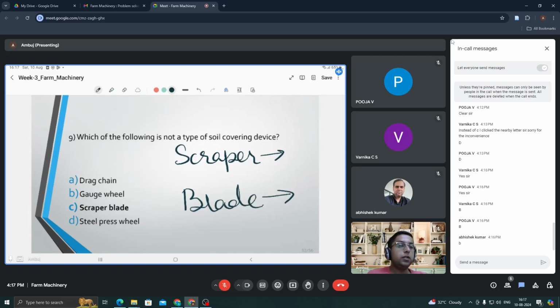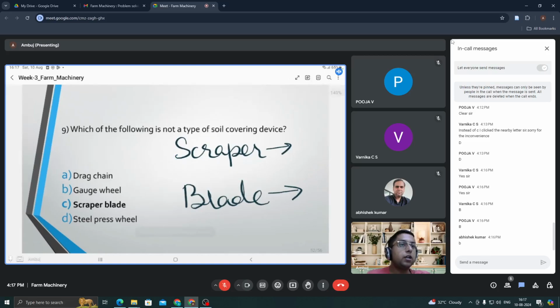Scraping means removal of the soil, and a blade is a sharpened piece of metal. So scraper blade is not a soil covering device. The rest of the options are all soil covering devices.